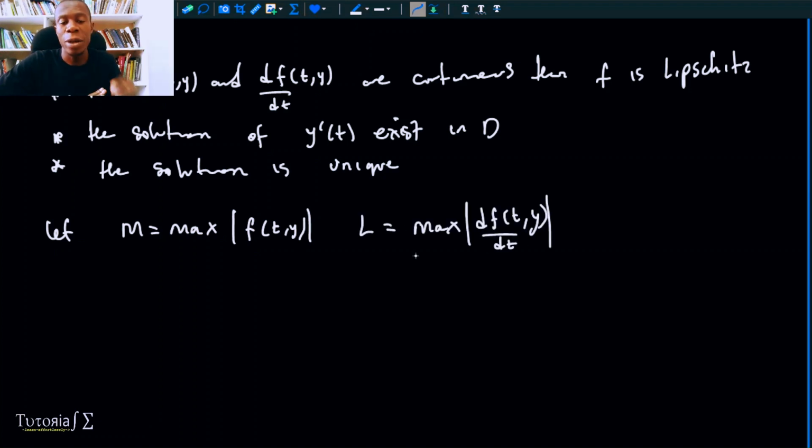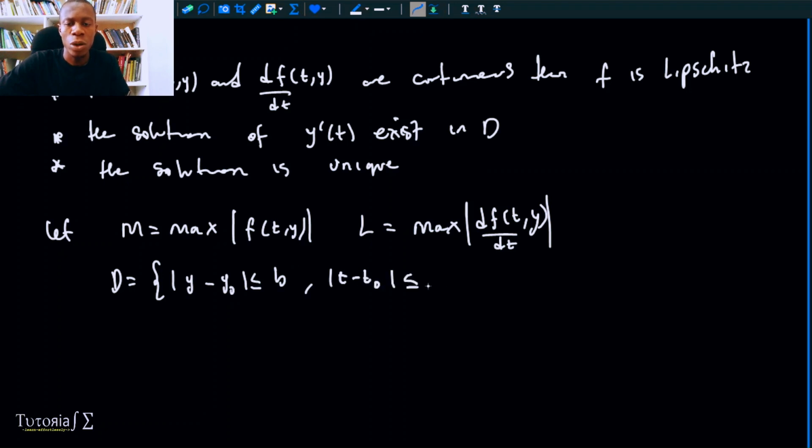The derivative will have a maximum, so consider the region |y - y0| ≤ b and |t - t0| ≤ a. Then we'll choose a that is less than the minimum of b over M and 1 over L. So we'll choose the smallest value of a that we can choose so that it remains inside.